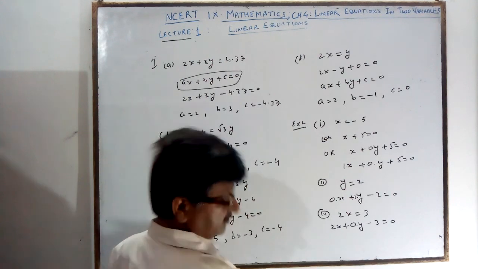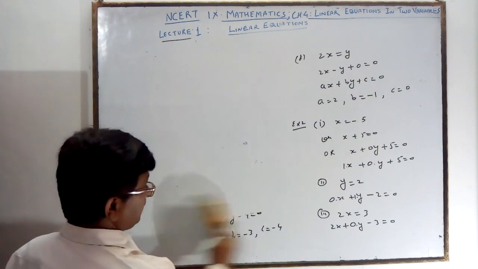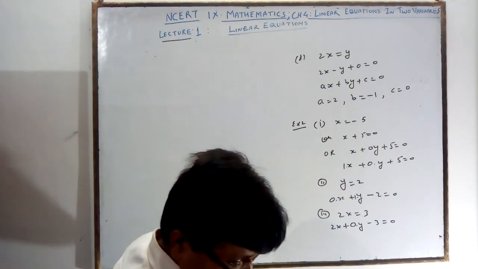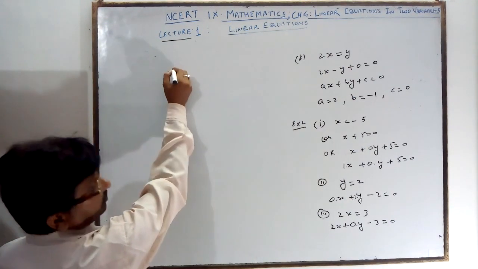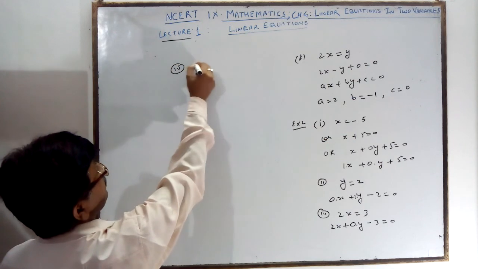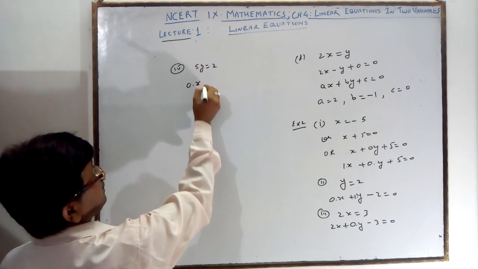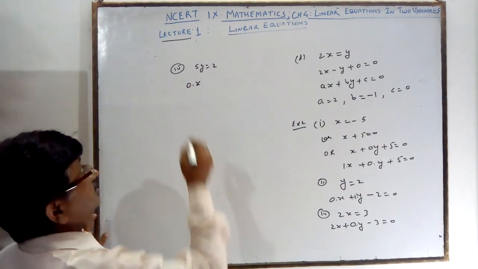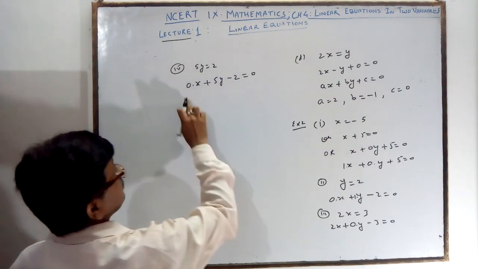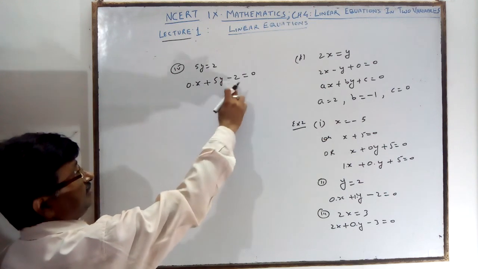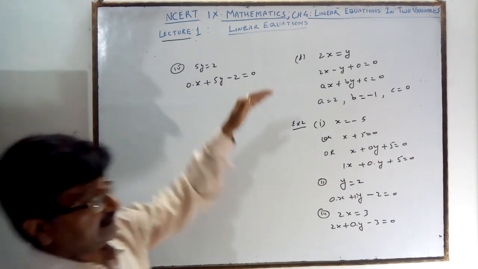Fourth part of the second example of this book is given: 5y is equal to 2. x is not given here, so you can write 0x, because in standard form you are converting one variable: 0x plus 5y minus 2 is equal to 0. a is 0, b is 5, c is minus 2. Any one-variable equation you can write in two variables like this.